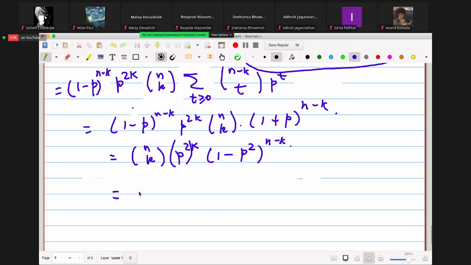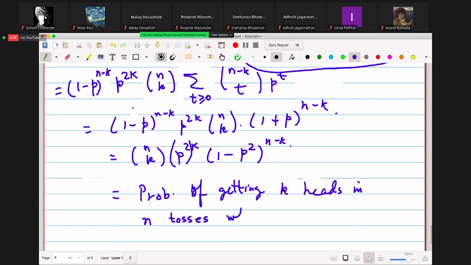It is equal to the probability of getting k heads in n tosses where probability of heads is equal to p square.